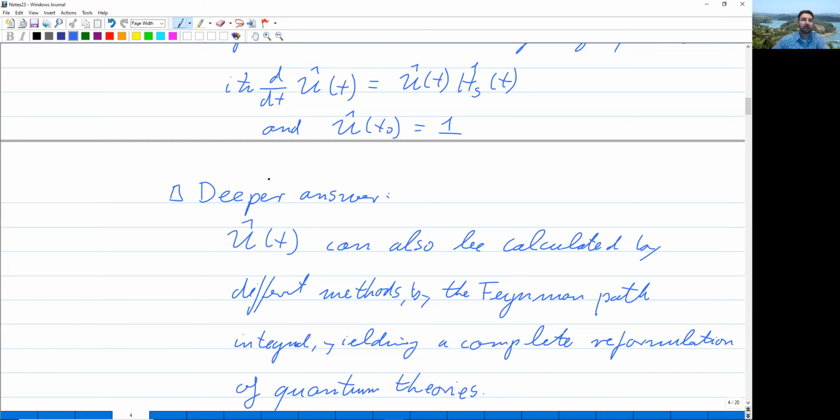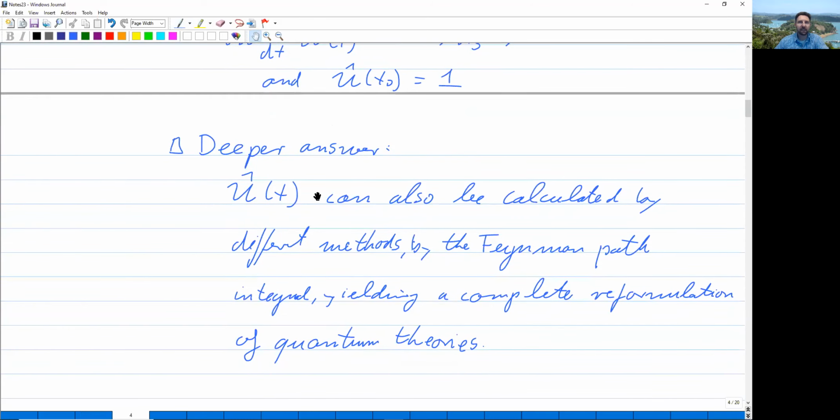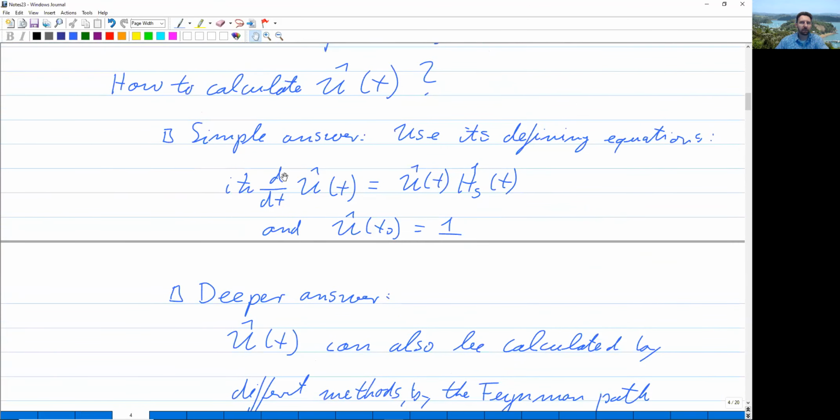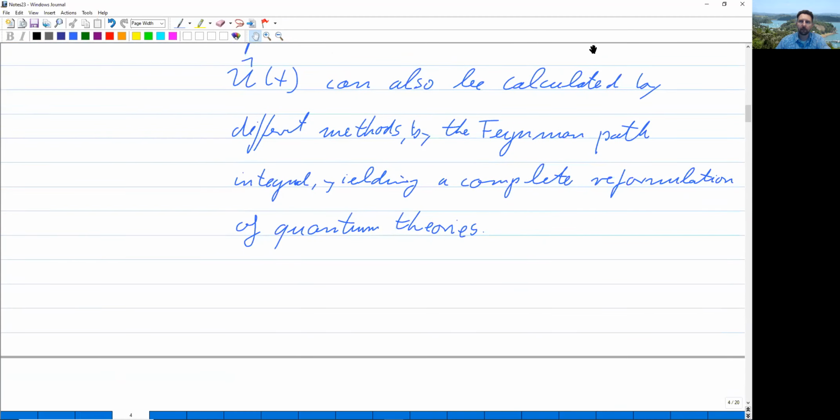This is something that might not be apparent, but we will see how that comes about. For now, though, let us just do the straightforward thing and solve for the time evolution operator using its defining equation. As I said, later in the course, we will also cover the Feynman path integral.